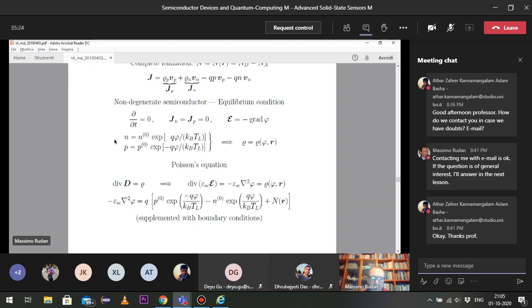This is easy because the semiconductor is non-degenerate, so you don't have to calculate the Fermi integrals. You just use the exponentials. So the equilibrium case reduces to the Poisson equation.